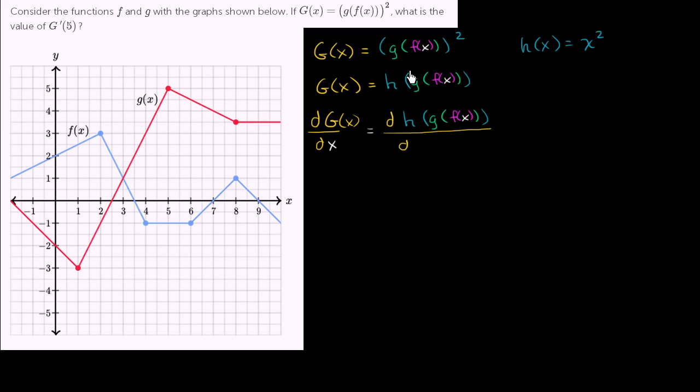If you wanted to treat g of f of x as a variable, it's going to be the derivative of this whole thing with respect to g of f of x, times the derivative of g of f of x with respect to f of x.